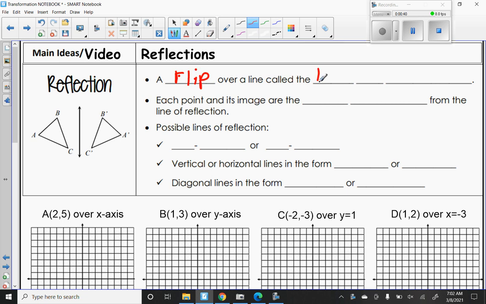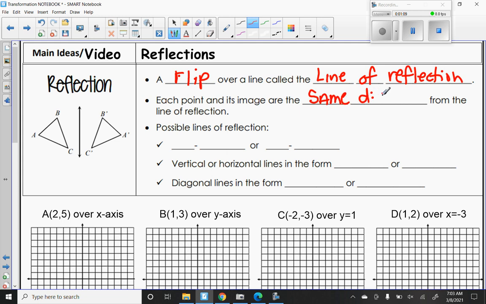And we always have to know what we're reflecting over, called the line of reflection, because if we do not have the line of reflection, then we have no idea how to flip our object. So how we're going to do this is each point and its image are the same distance from the line of reflection.